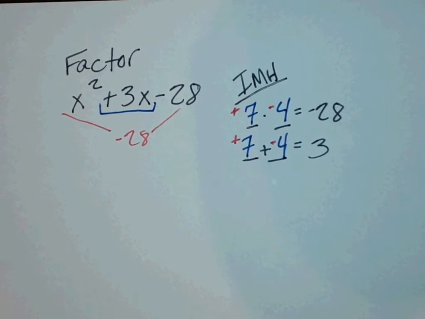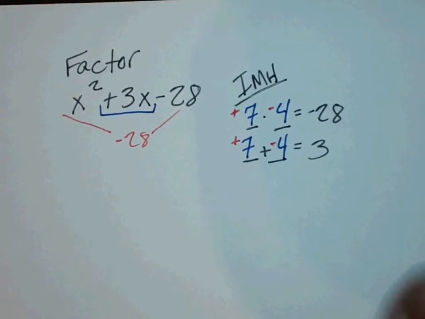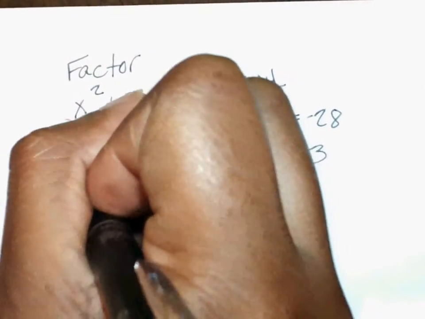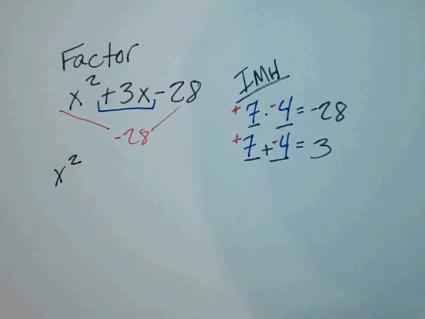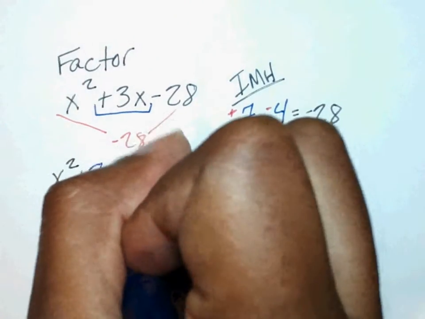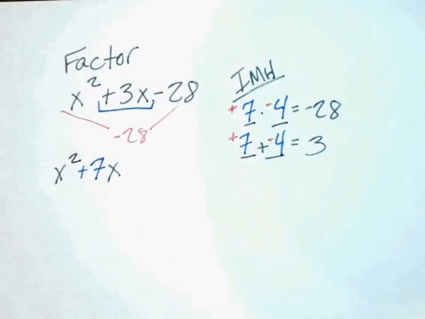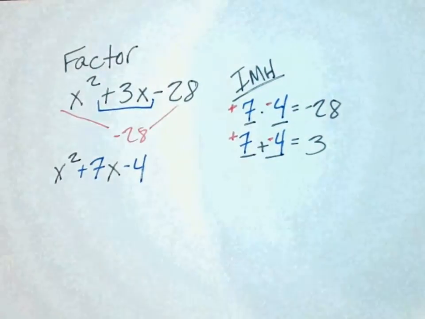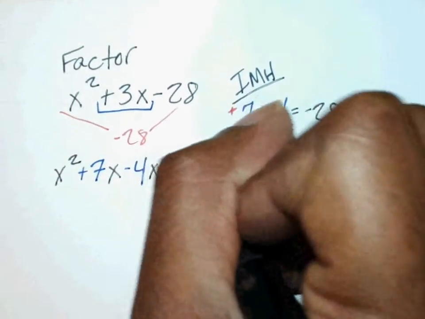So now what I have is x squared plus 7x minus 4x, and then I still have my minus 28 in the back.